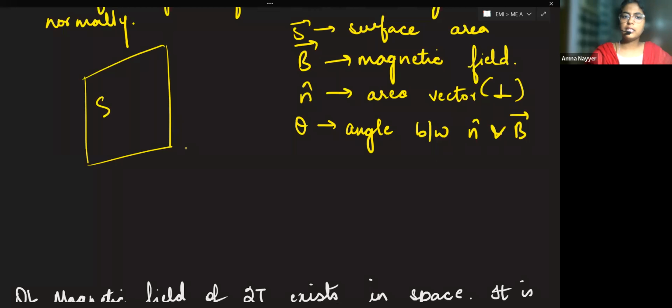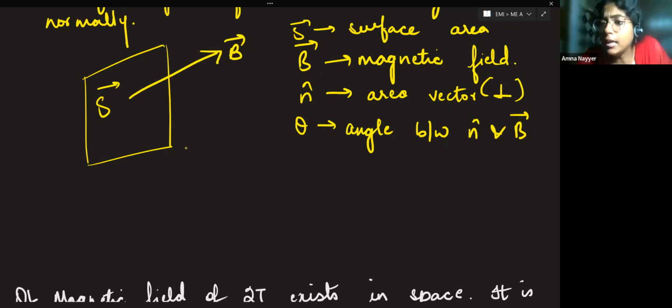This is a plane sheet. Fine. The surface area of this sheet is A. B is the magnetic field. Let's say this is the magnetic field. Magnetic field lines or magnetic field, you can say. Now, n cap is the area vector. Area vector means any perpendicular dropped on the surface of a plane surface.